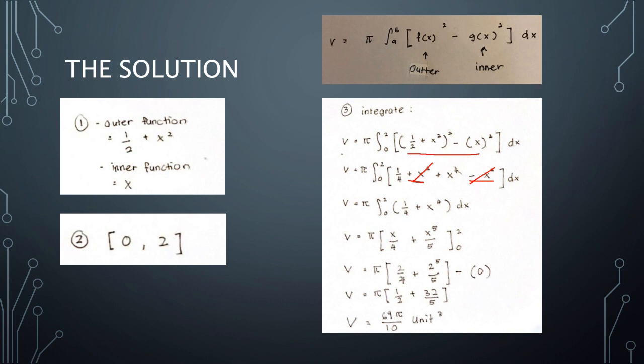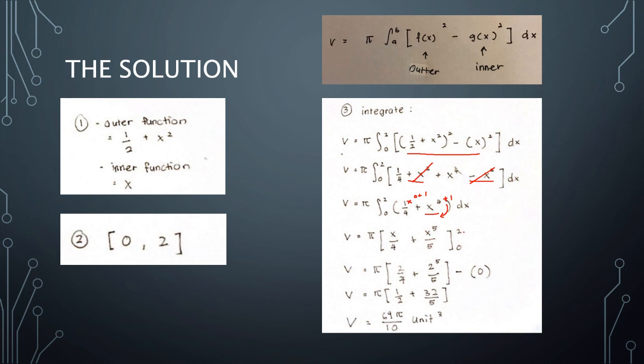We get x over 4, because 1 is x to the power of 0, and if we integrate it, it becomes plus 1 and it will be x. After that, we integrate x to the power of 4, which is plus 1, over 4 plus 1 as the denominator. Now we get x to the power of 5 over 5, from 0 to 2.